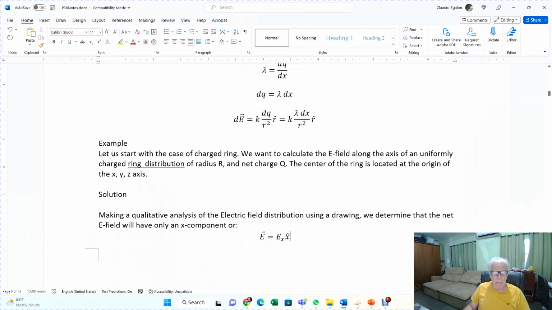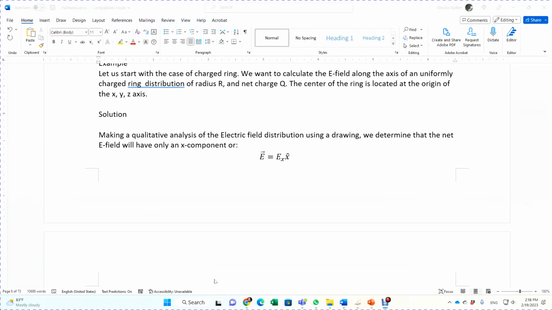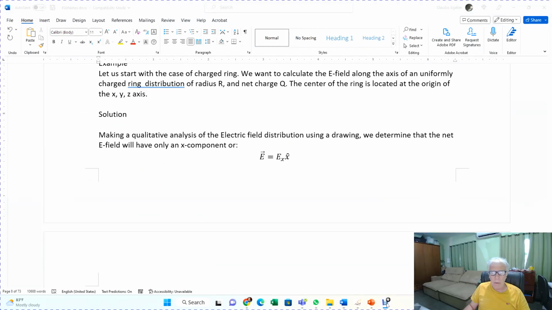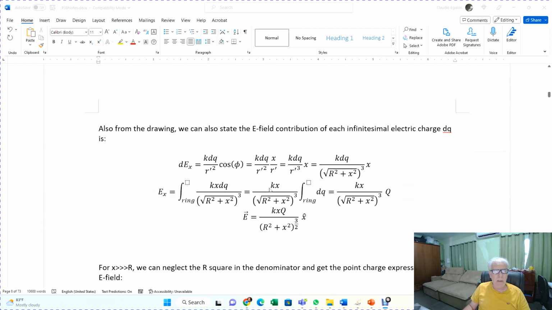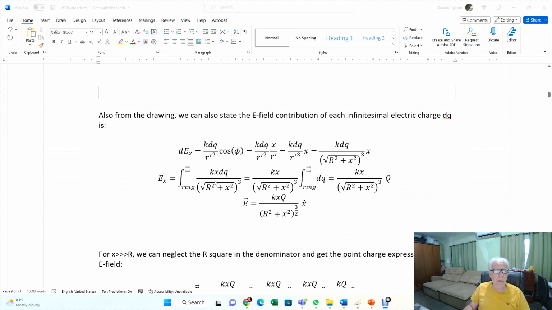So, in the next step, we'll calculate this net electric field, the x component of the electric field. Remember, the electric field has only an x direction. Here you go. The infinitesimal x component of the electric field can be written in terms of k dq over r prime squared.